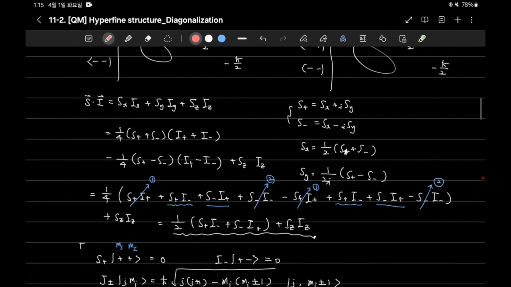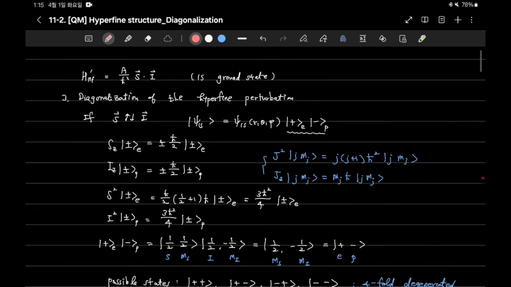So, when we do this, it makes the diagonalization. When you think that the hyperfine Hamiltonian is like this, we already calculated the S·I matrix.